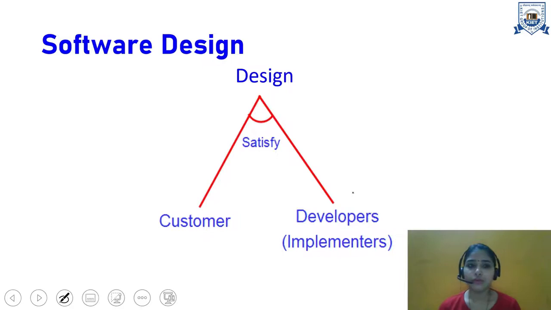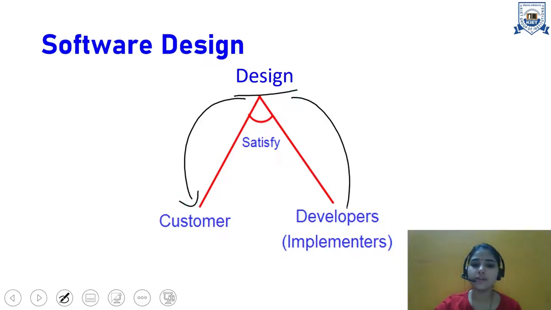In software design, a designer has a dual responsibility: the designer has to satisfy the customer as well as the developer. The customer will check how the system will work, what options they are able to see, and what the hardware requirements are. So conceptual design is to satisfy the customer, and technical design is to satisfy the developer. I will show you in the next slide.